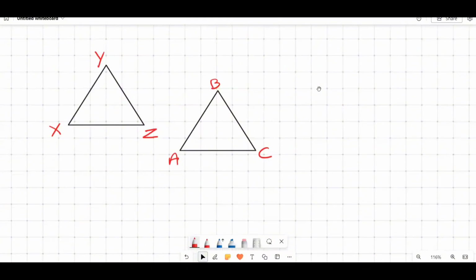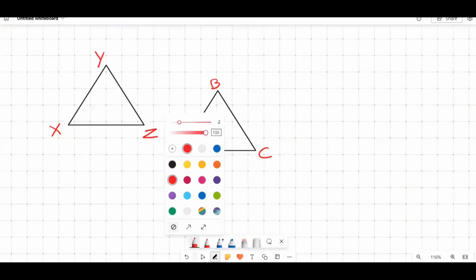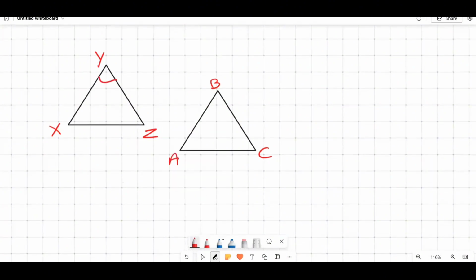In this one, I have triangle XYZ and triangle ABC. Let us say I have this angle here that is congruent to this angle here, and this angle at Z is congruent to the angle at C. Finally, we realize that side XZ is congruent to AC.